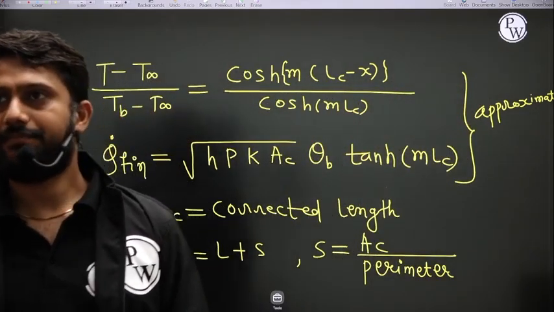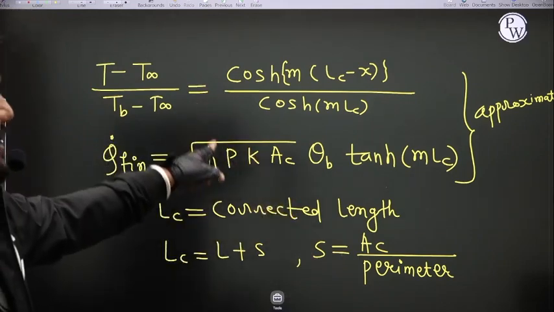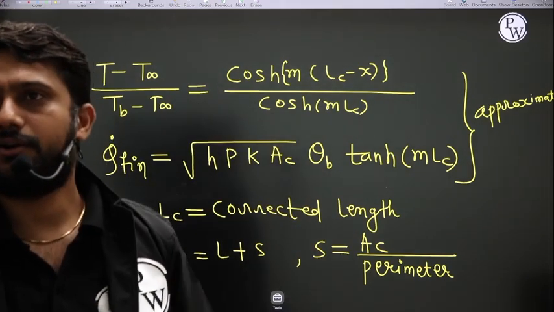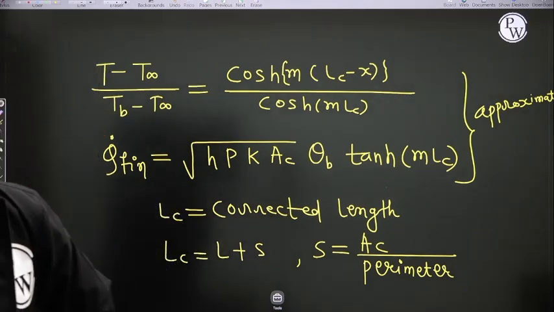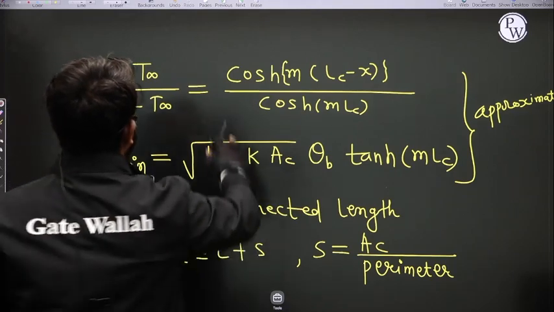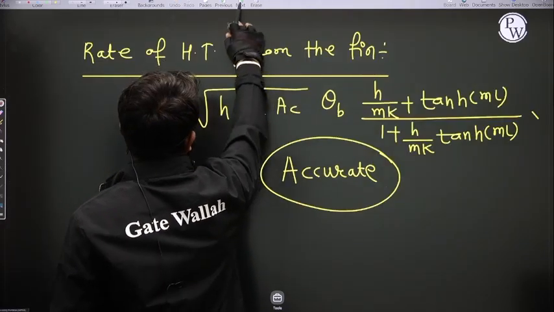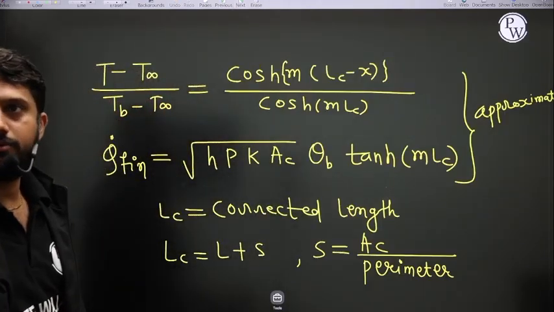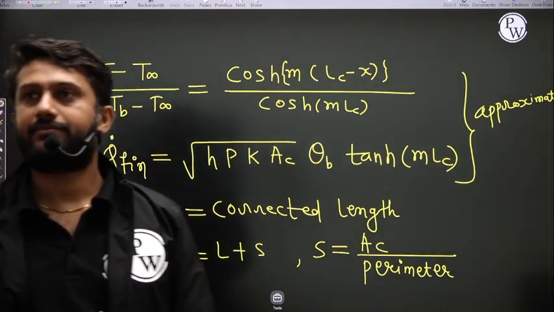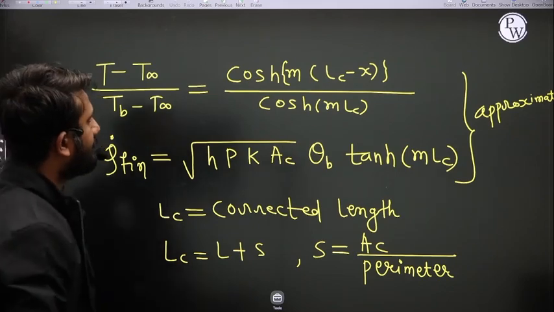But in the GATE exam, you can use these expressions also, because there is a range, and you are getting almost the same answer. So remember the expressions like this also, right?